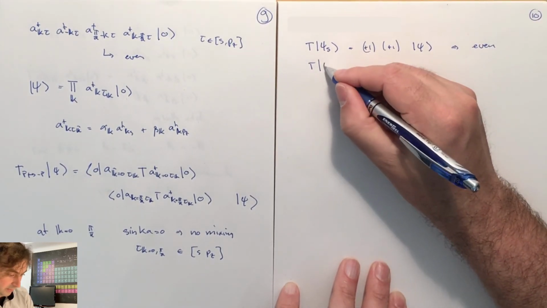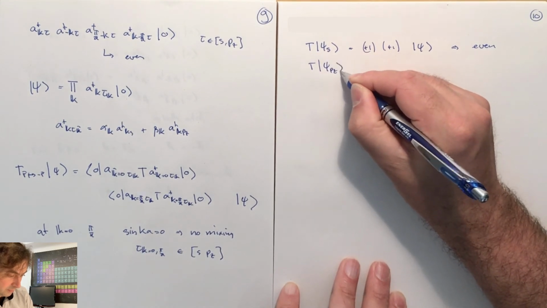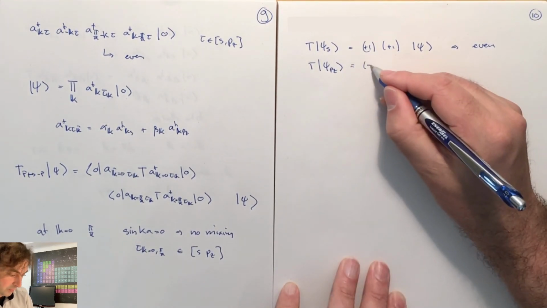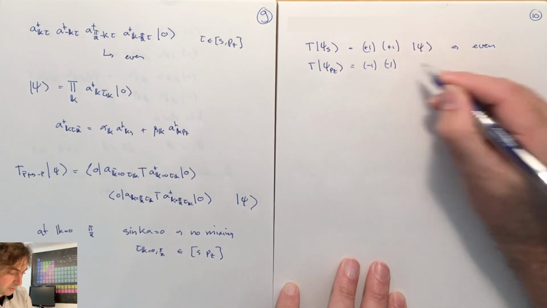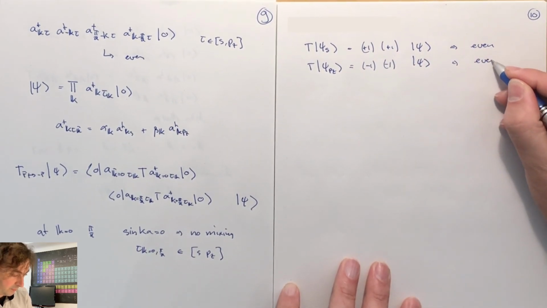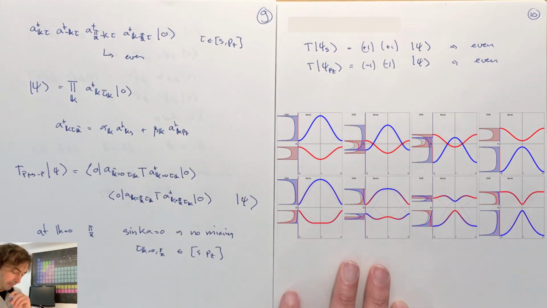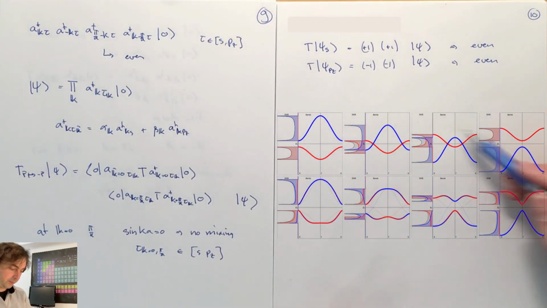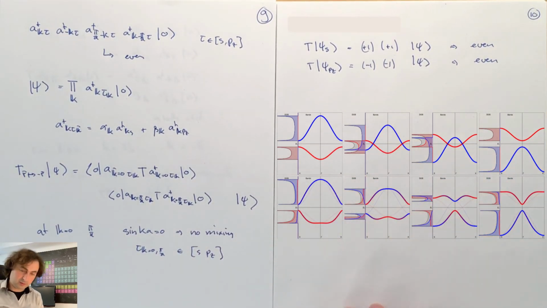If we look at our pz orbital, then we have -1 times the wave function, so also this is even. So if you look here at your bands, then you see that for the case where we have no mixing, you always have even bands.